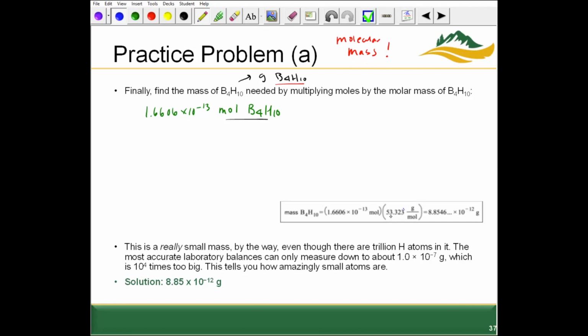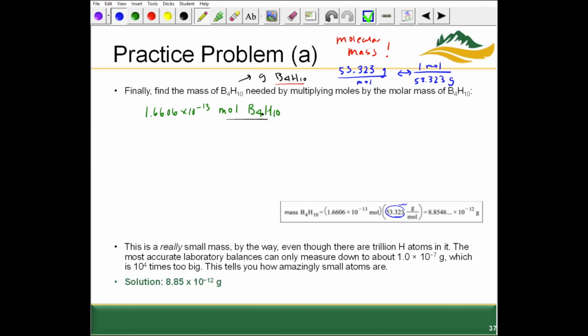So in Alex, and again, depending on just a slight difference in your periodic table, we got about this number. Let's go ahead and use a molar mass of 53.323. Just slight differences in the molar mass calculation won't make a difference in our final answer. So 53.323, this is grams per mole. We know we can also rewrite that as 1 mole over 53.323 grams.